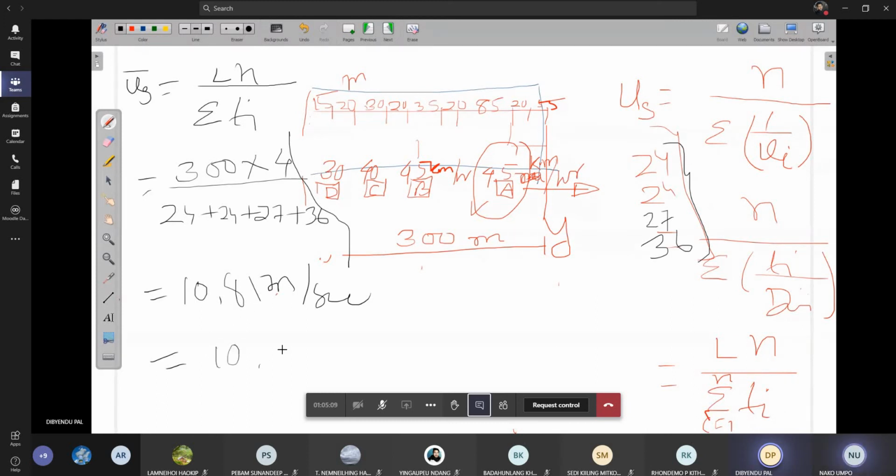Multiply by 18 by 5. Basically, 1 multiplied by 3600 divided by 1000, so you have to multiply by 3.6. Okay, so what will you get? You will get 38.919 kilometer per hour.